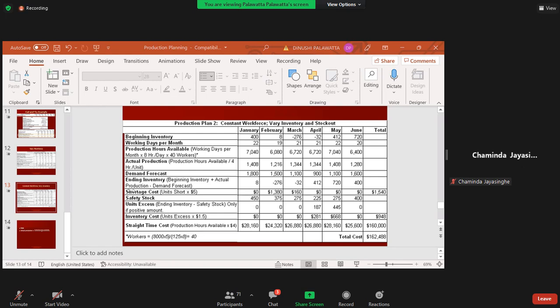Let's say 187 multiplied by 1.5, let's say 280.5, plus 445 multiplied by 1.5.